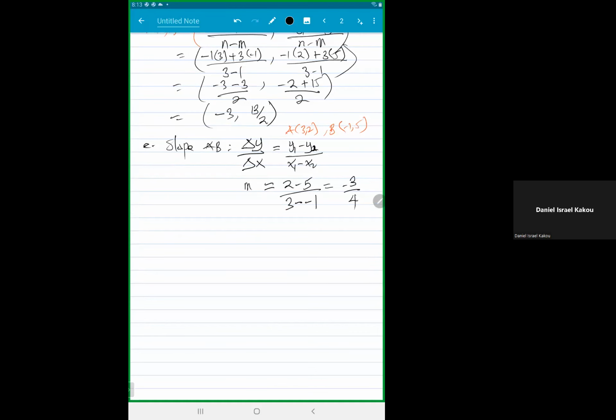Now the next question says, find the equation of the line AB. Find the equation of the line AB.